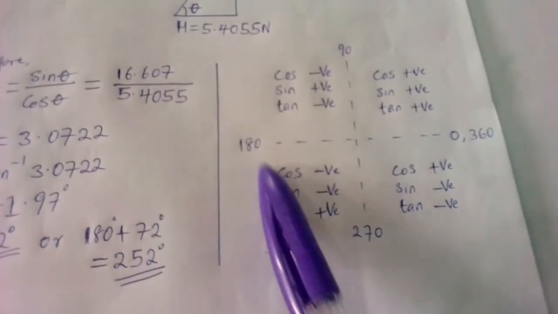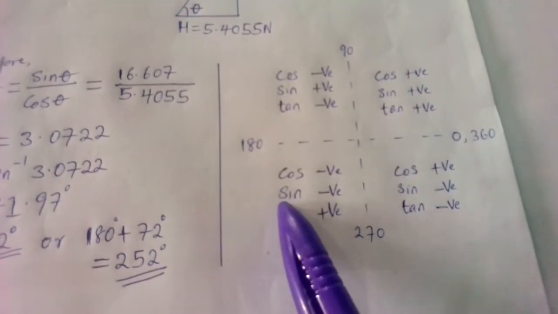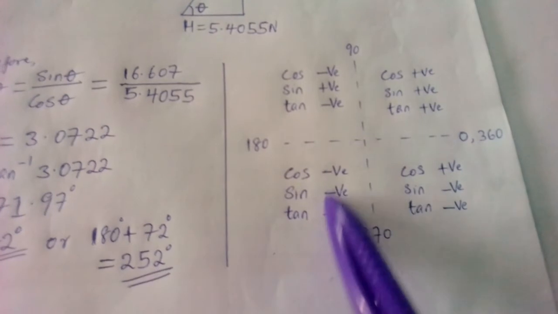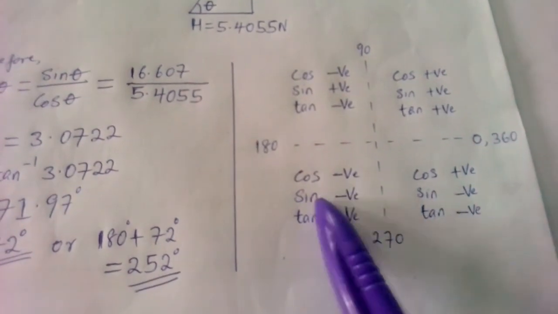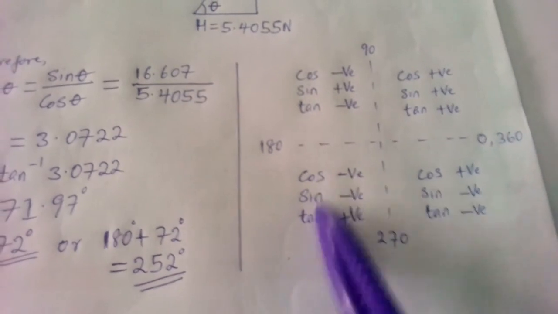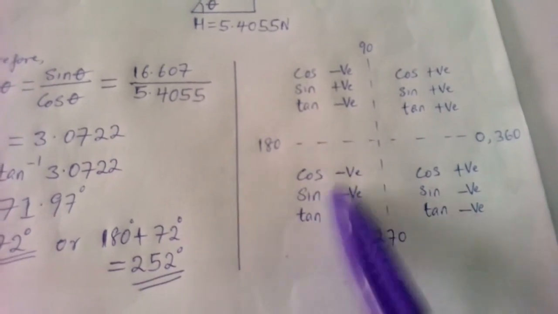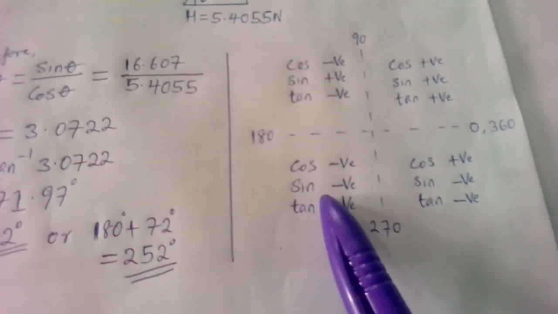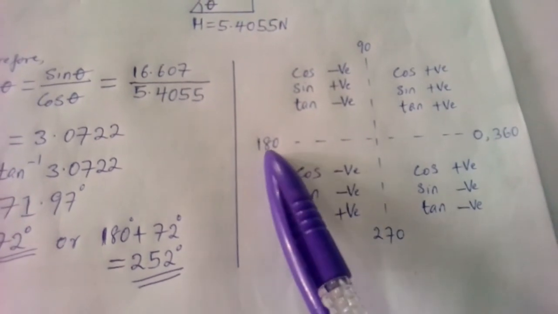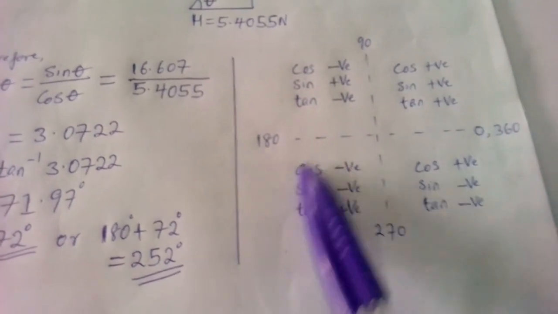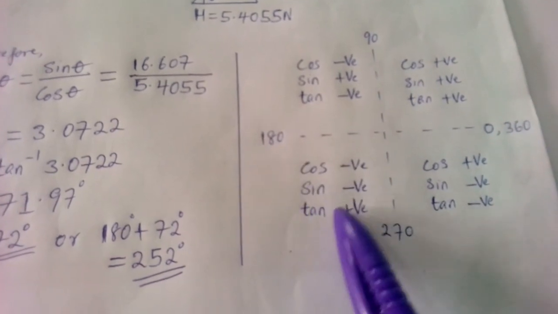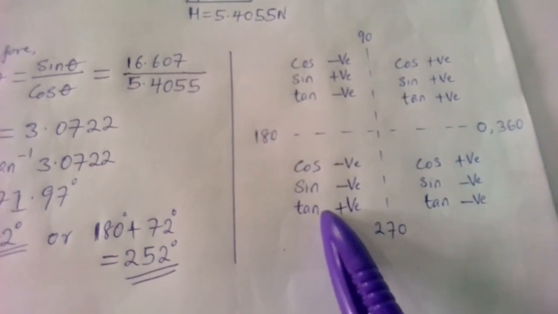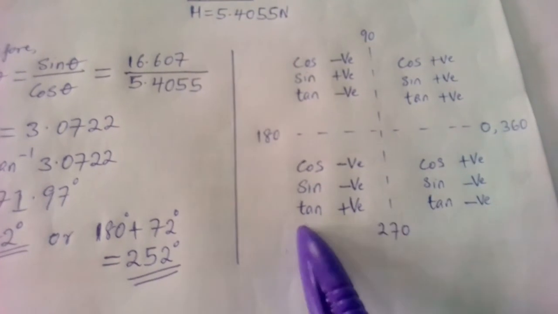Since we already passed 180, it's going to be 180 plus 72 degrees. What I mean by it passes 180 is that all the angles here came after 180, meaning that whatever you have here, you must add it to 180. What we are trying to determine here is tan.